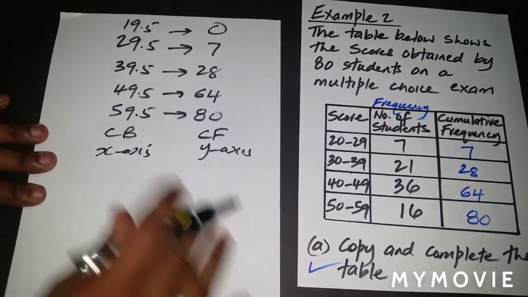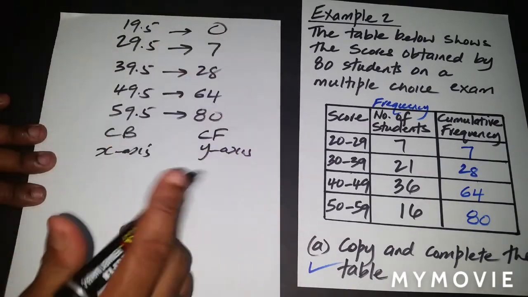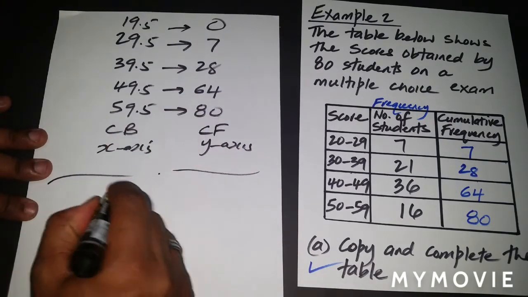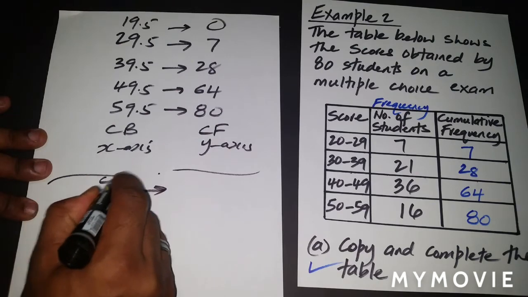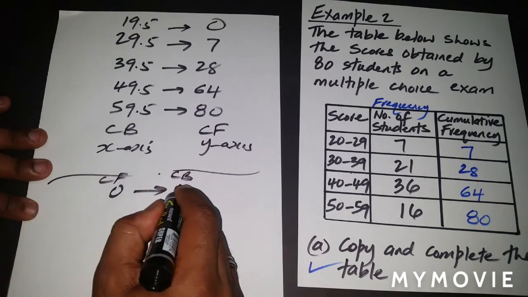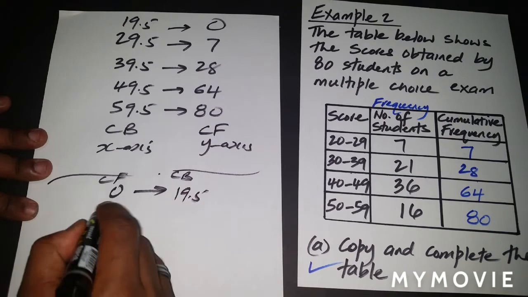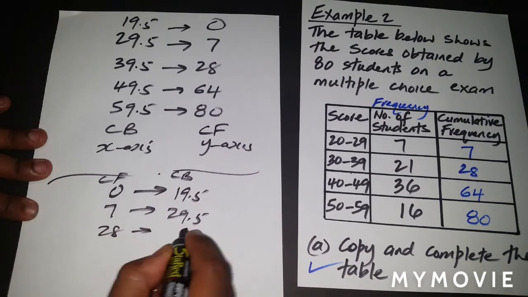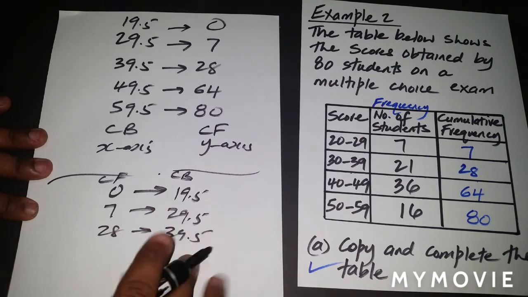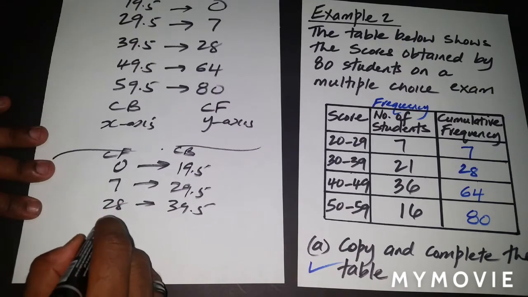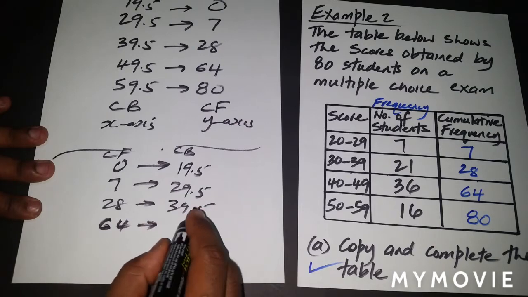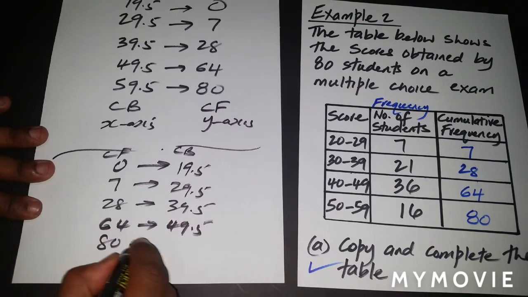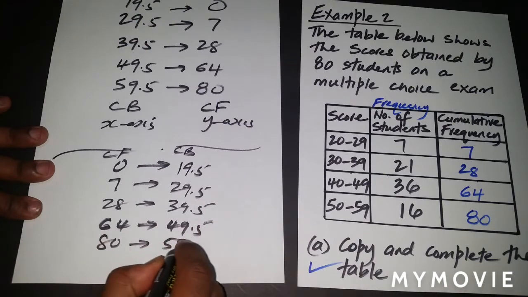Now, it doesn't matter whether you want to write it this way or go ahead and do the reverse, meaning 0 maps with 19.5, 7 maps with 29.5, 28 maps with 39.5, 64 maps with 49.5, and 80 maps with 59.5.